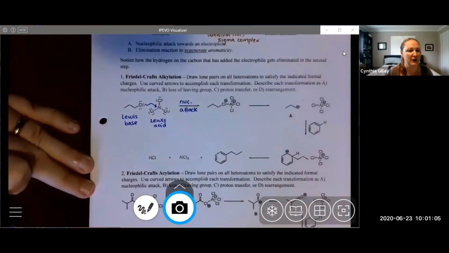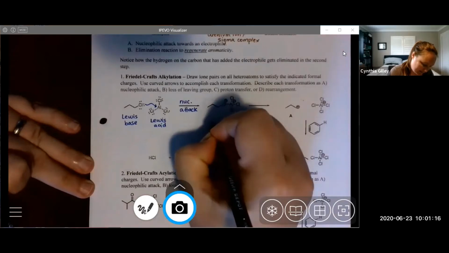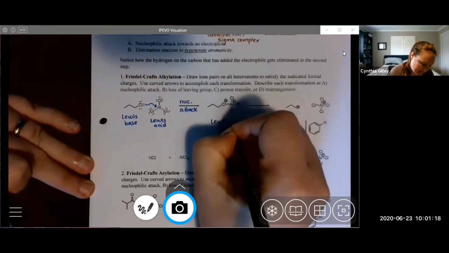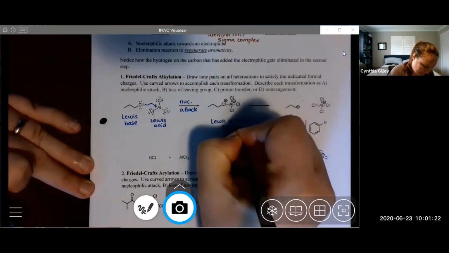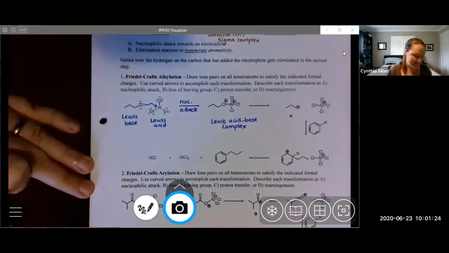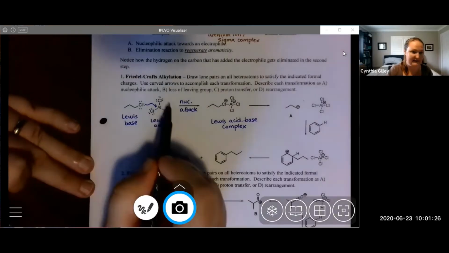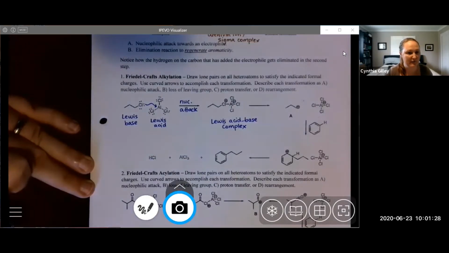Even though there's no proton transfer, this is still a type of acid-base reaction if you utilize Lewis's definitions of acid-base. And then this is sometimes called the Lewis acid-base complex. Okay, so I'll sometimes refer to these as the Lewis acid. I want you to be familiar with what I'm talking about here.